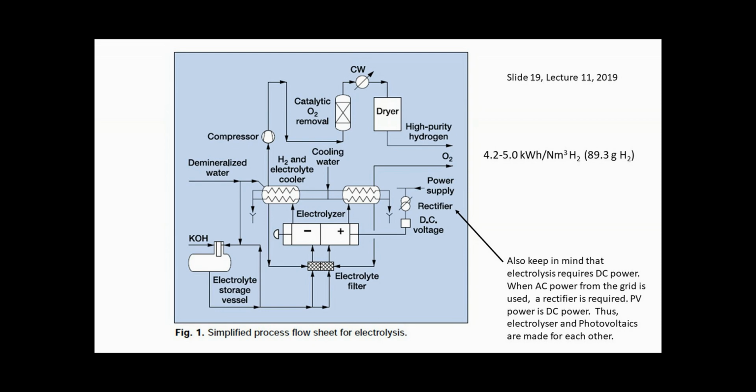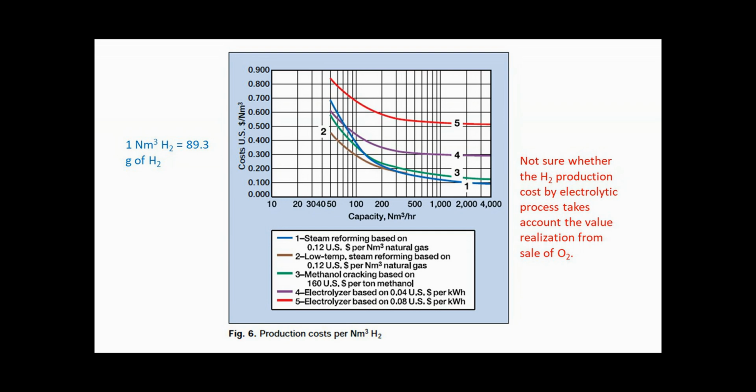So I think this is again something that you should make a note of, and there could be some very, very interesting things which can happen, and which have already happened and are likely to happen in the future, which might make electrolysis to produce hydrogen much more attractive.